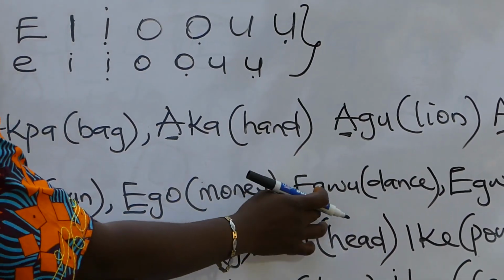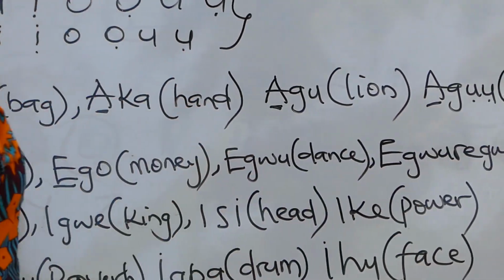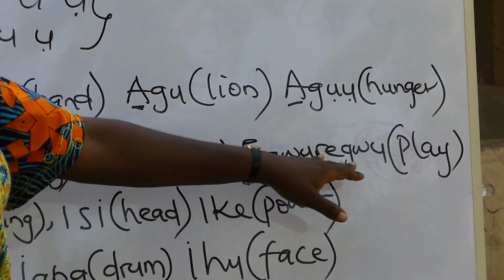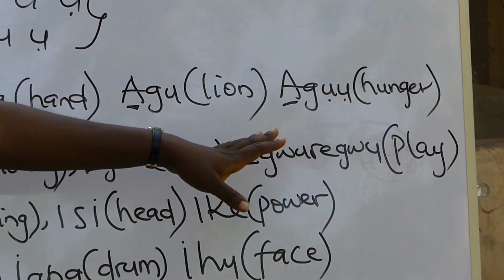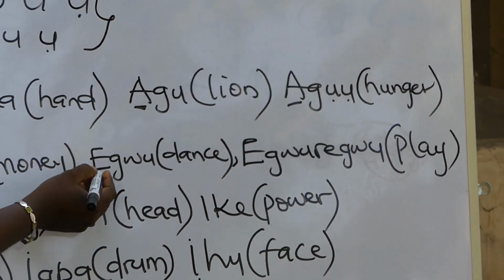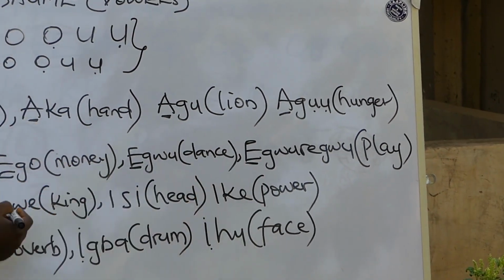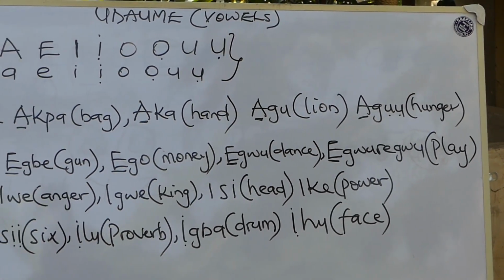To dance, we call it egu in Igbo. Egwuregu. Play. To play in Igbo, we call it egwuregu. We're talking about the E sound here.